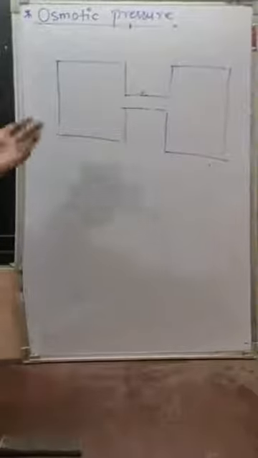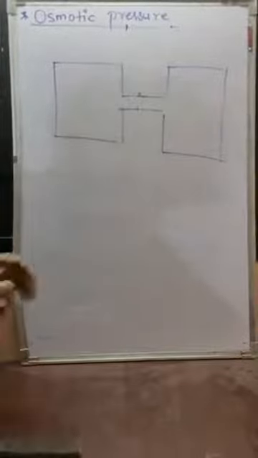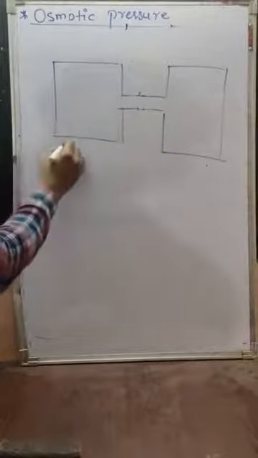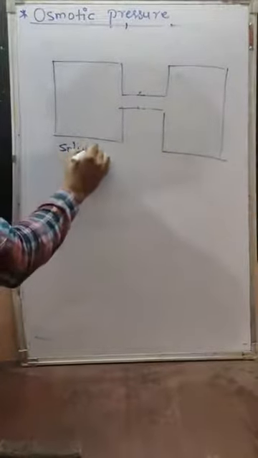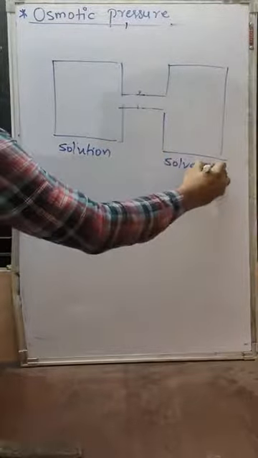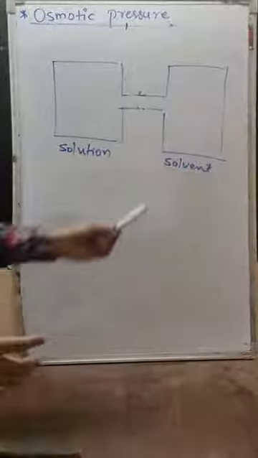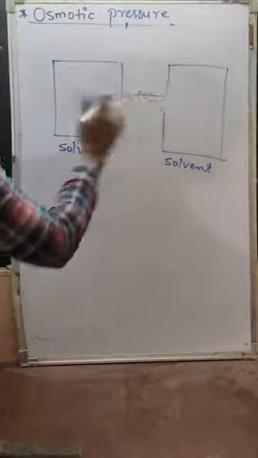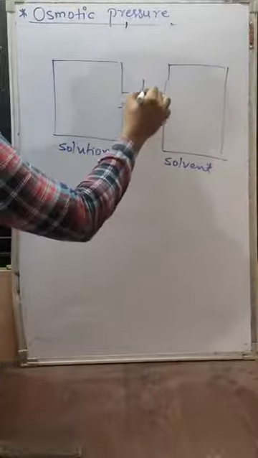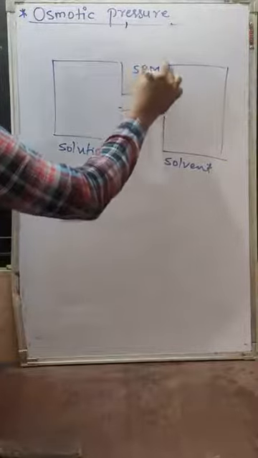Now what is meant by osmotic pressure? Here suppose I have taken two compartments. One is a solution and second is a solvent, or pure solvent. And this is separated by a membrane, that is your semi-permeable membrane.